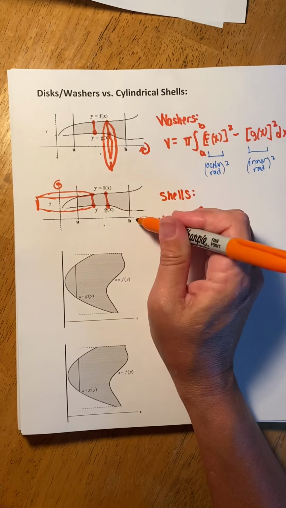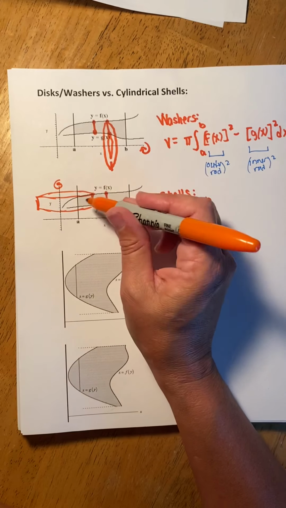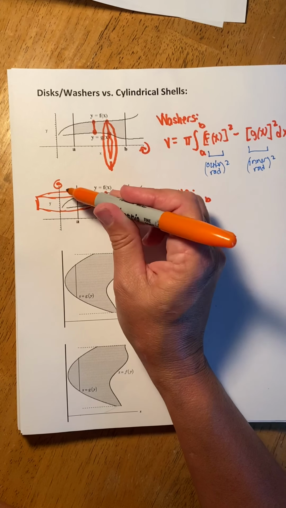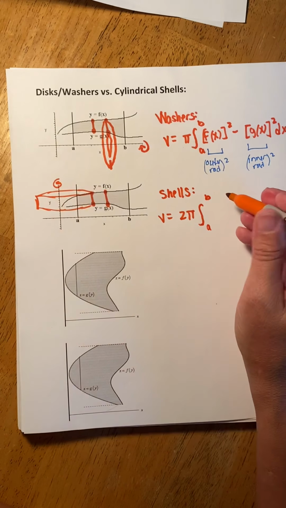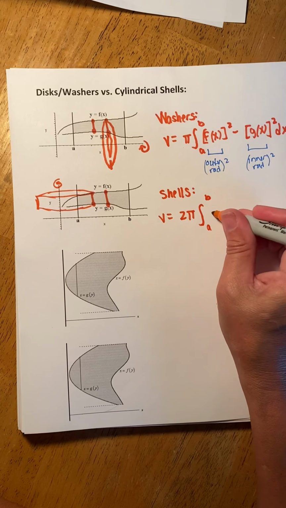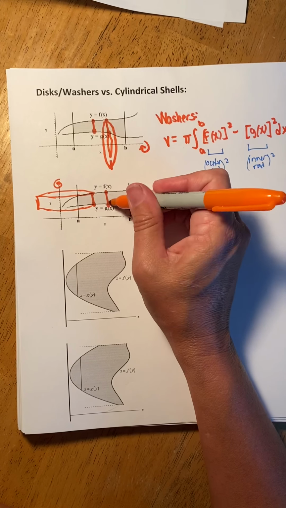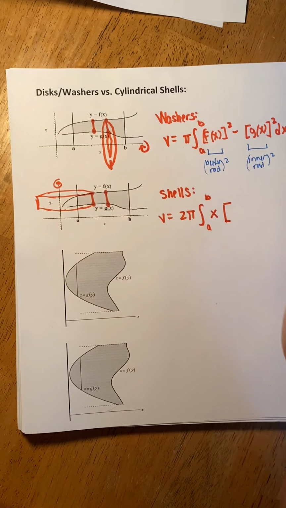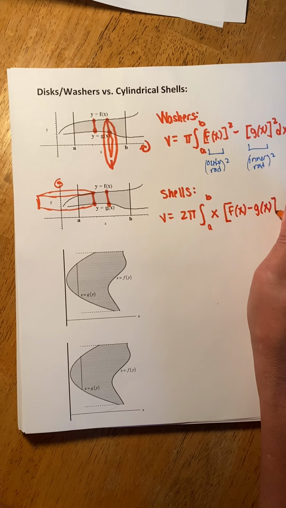My vertical lines range from a to b, right? And the radius, well, if we're spinning it about the y-axis, the radius is just going to be the value of x, and we'll see what happens when it's not the y-axis shortly. So the radius is going to be x. And then the height of one of these guys is the top minus the bottom. So it's going to be f of x minus g of x.